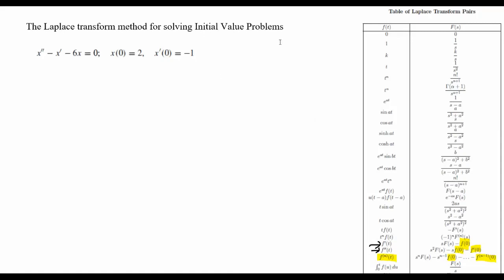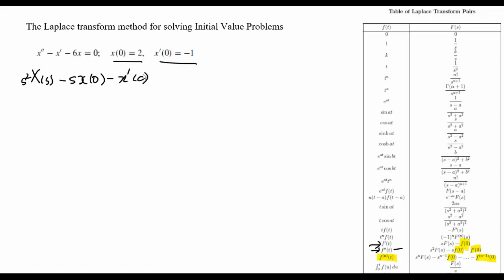In this case it will be X(s), so it's s squared X(s) minus s x(0), and then minus x'(0). These are the two values that will be put in here.